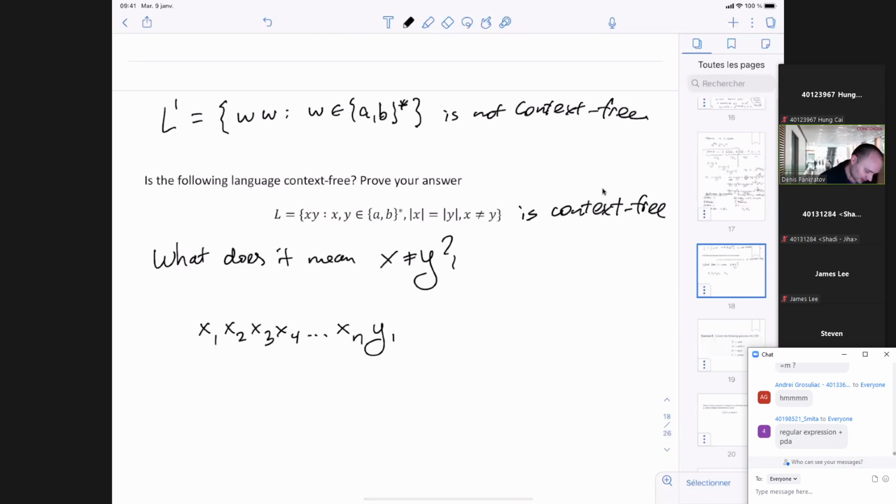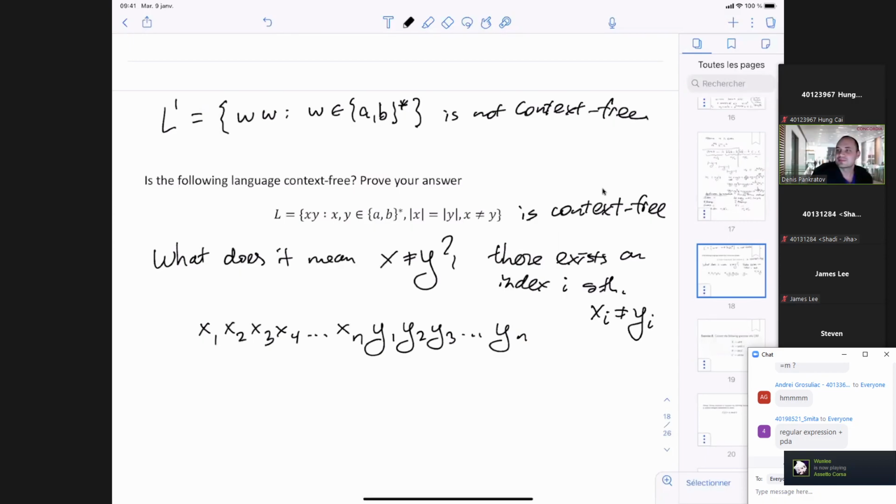Y consists also of several characters, Y1, Y2, Y3, all the way up to Yn. So if we want these two halves not to be equal to each other, it means that there exists an index i such that xi is not equal to yi, right? So we have that, for instance, x3 could be A, and y3 could be B.